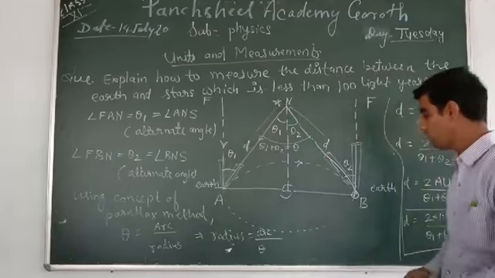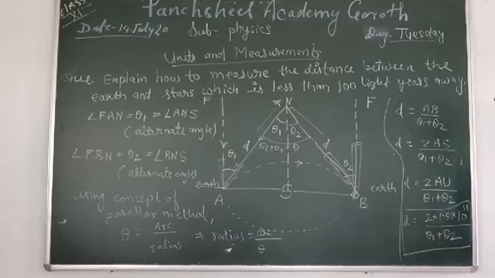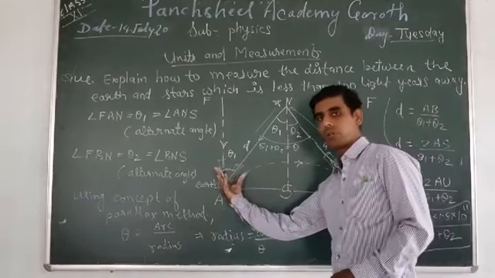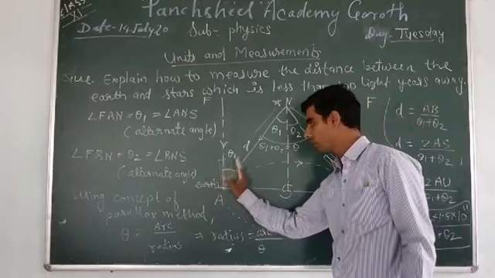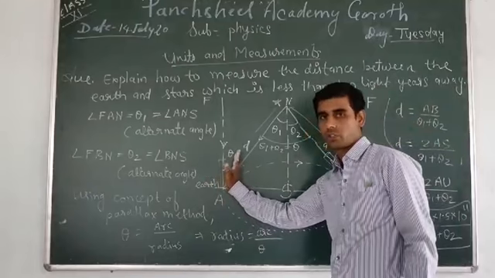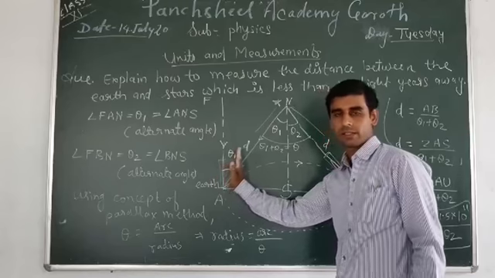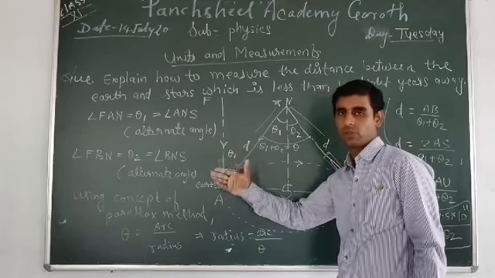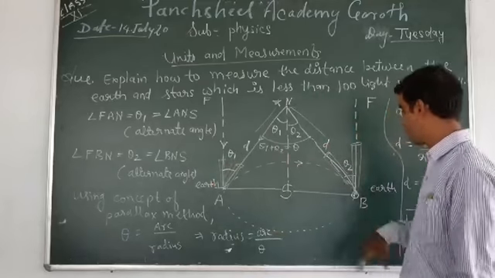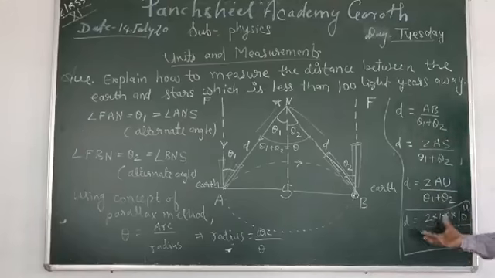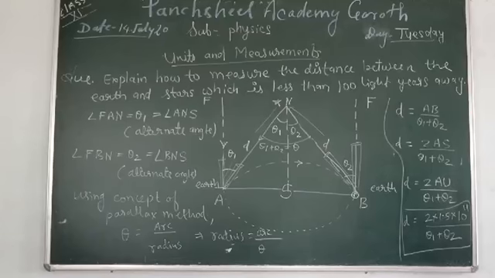If you have the values of theta 1 and theta 2, which you can get by using astronomical telescopes, then put them here and find the value of d, the distance between the stars and Earth. Okay, make the notes on this.